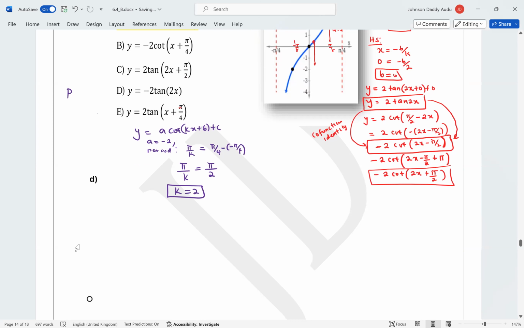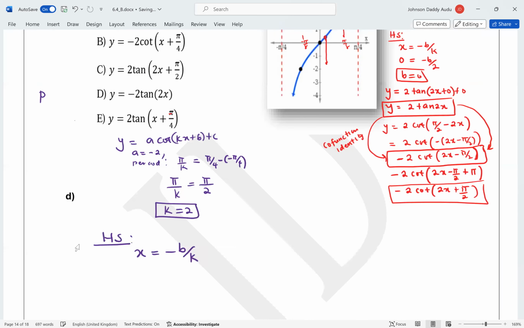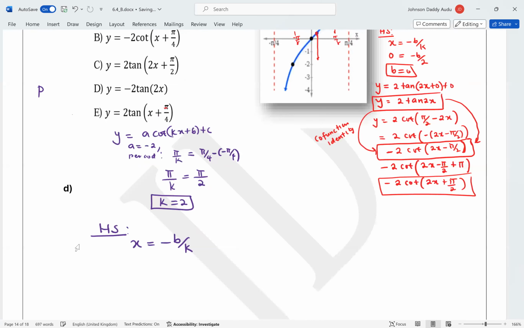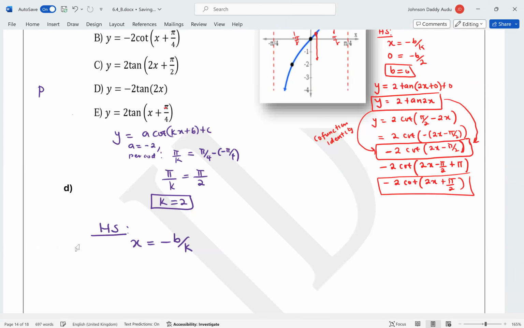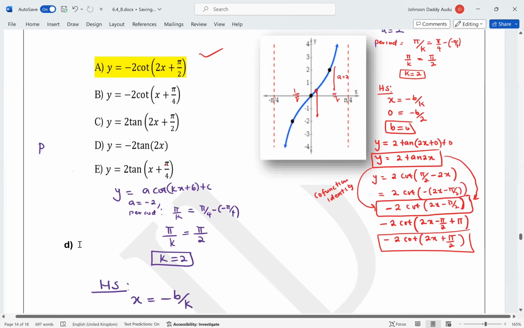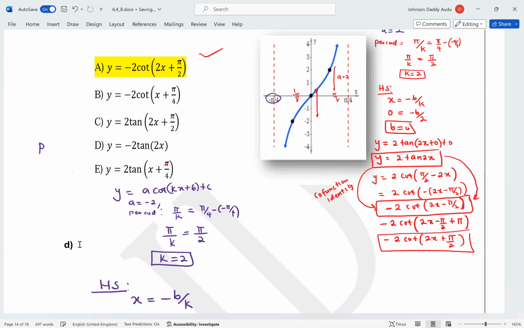We also need to use, this is the main difference when you come to the horizontal shift. You see x equals minus b over k. But since we want to consider it as the graph of cotan, we should take the starting point. What is the starting point in the graph? This is the starting point, this one, right?